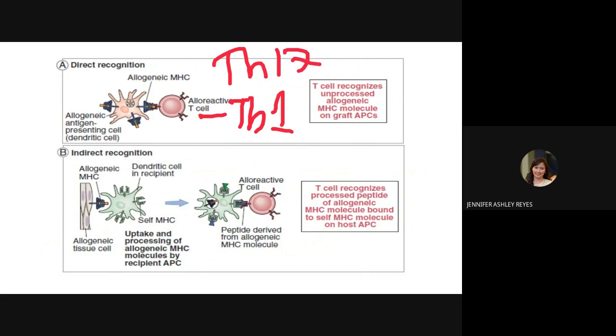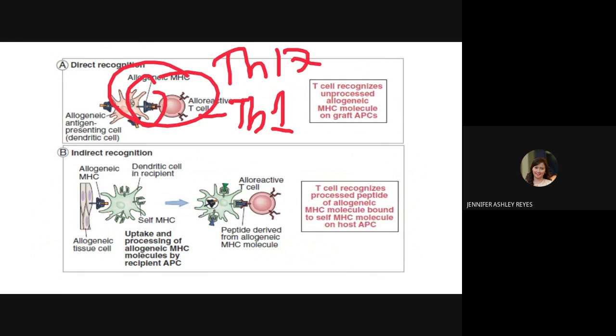So this direct recognition of the allogenic MHC molecules will now affect the rules of self-MHC restrictions. So yung T cells are able to recognize foreign peptides displayed by self-MHC molecules. Pero in this case, there is direct recognition of foreign MHC.